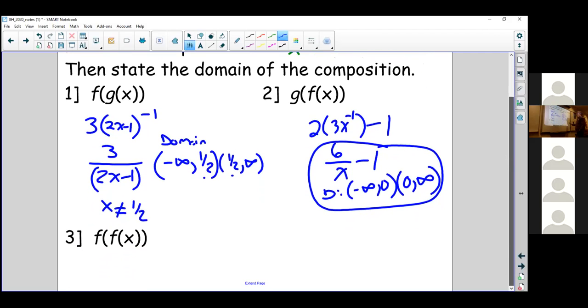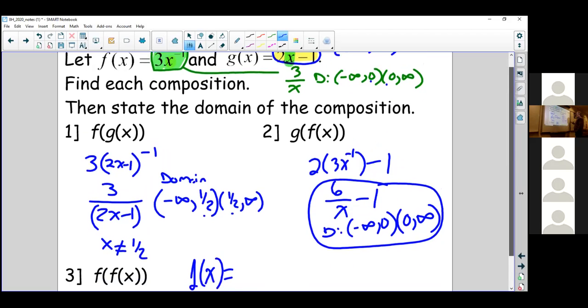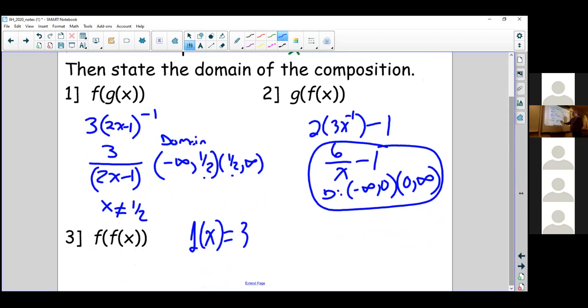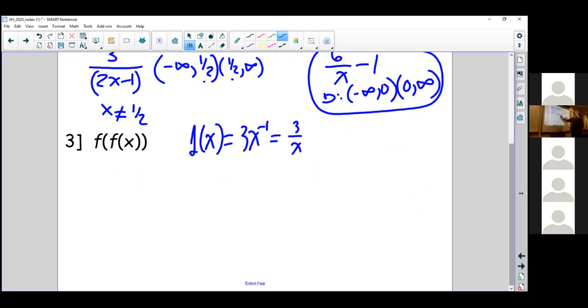Well, they told us f at x originally was equal to 3 to the x minus 1, which is the same thing as 3 over x. Okay. So now I'm going to take this and plug it back into itself. So I'm going to extend my page a little bit. I know I have a restricted domain on the original.